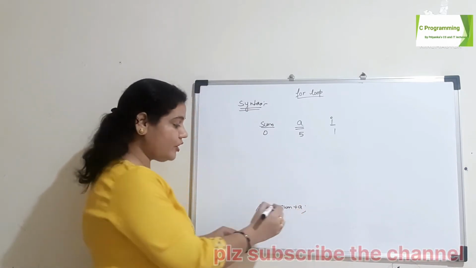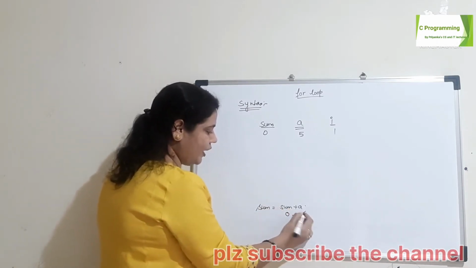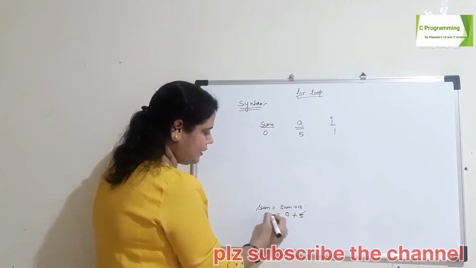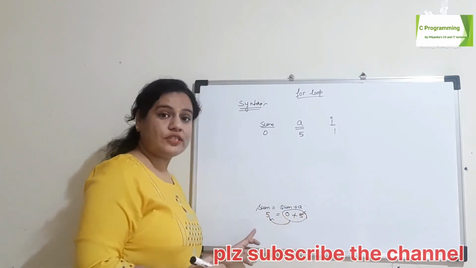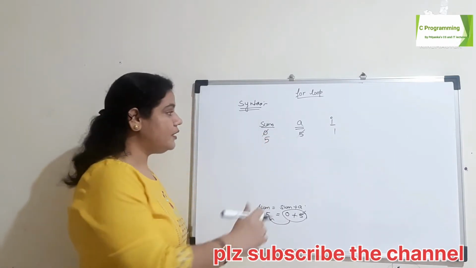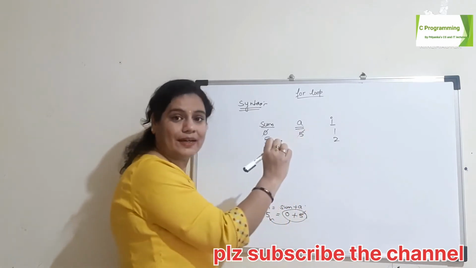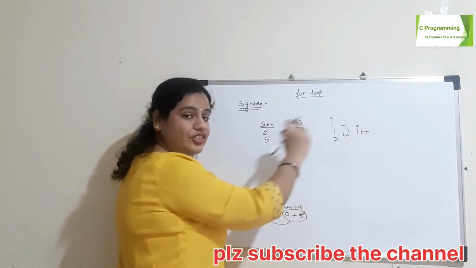It means whatever value there may be in sum plus the value of a, 5, it will add up the values and store them into sum. Then the latest value of sum is what? 5. Now the user will enter the second number. Then I have to increase the iteration, i++.